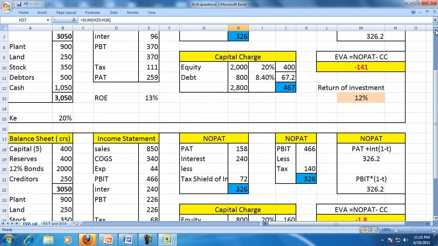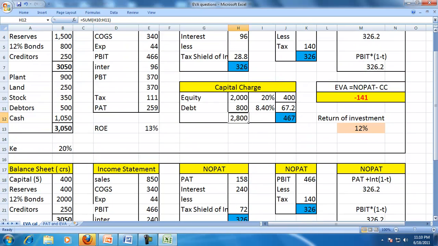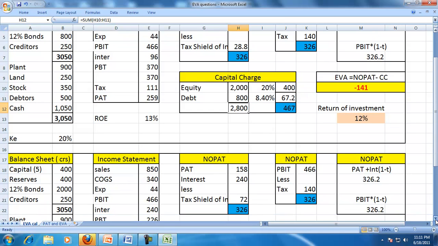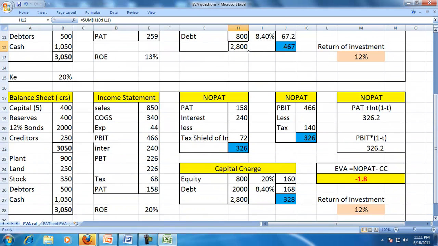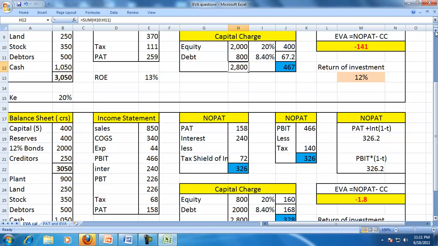In the previous case also, the capital employed is 2,800. Here also the capital employed is 2,800, but the composition of the capital employed has changed. As a result, negative 141 has improved to negative 1.8.